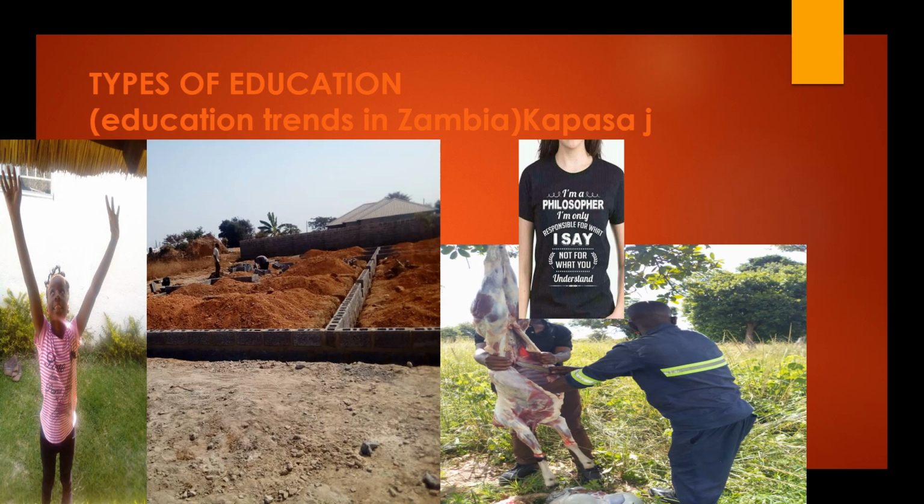Those are the three major missionaries and what they contributed. The training institution should have been a teacher training institution in Kafue Gorge, in 1918.